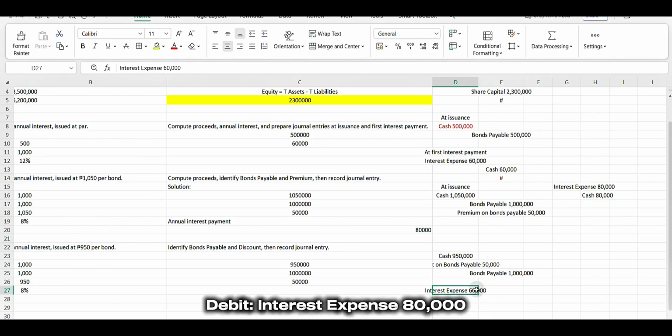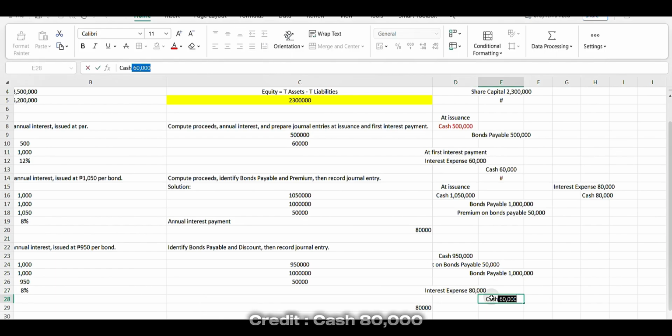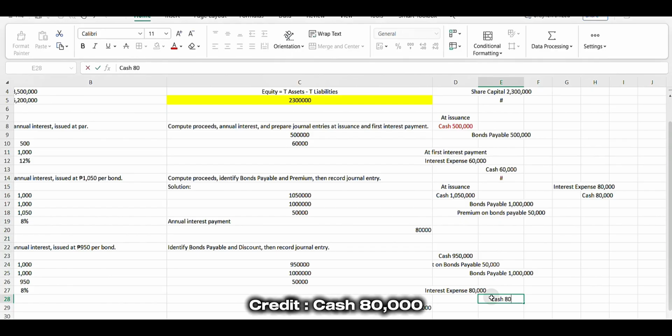Okay, I'm so sorry. This is not 60,000. It should be 80,000. Next is credit to cash. Again, same amount, 80,000 pesos. And that's it.